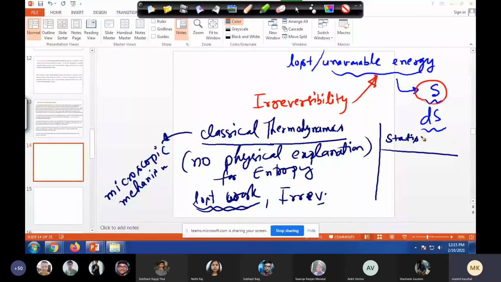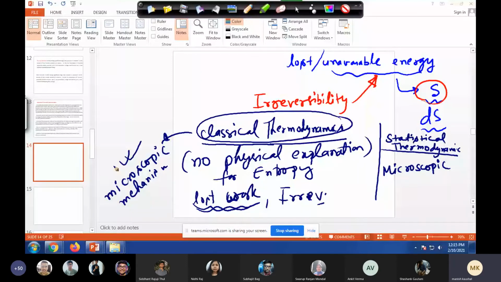There you will get the microscopic origin of entropy. Although you will be surprised that classical thermodynamics came first. So the entropy definition was already there in terms of macroscopic variables like heat and temperature. Later on, people explained it through this microscopic approach.